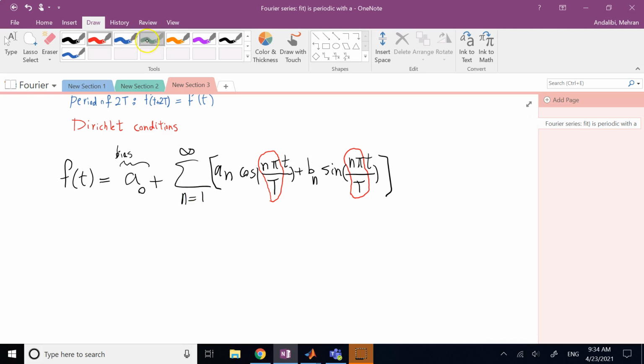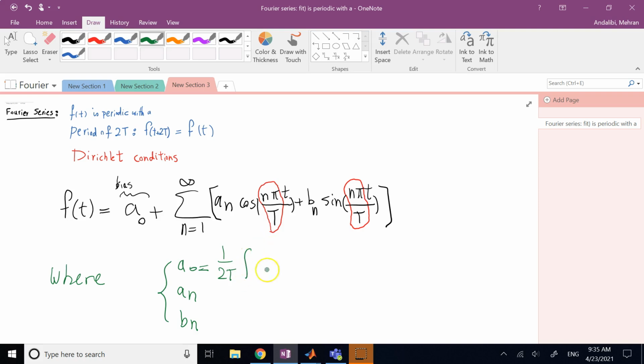Now this an and bn, as I said, are not constant. They are functions of n. And a naught is not a function of n, but it's an integral of f of t. So let me include that here. What is a naught? That's 1 over 2t times the integral from negative t to t, or 0 to 2t.